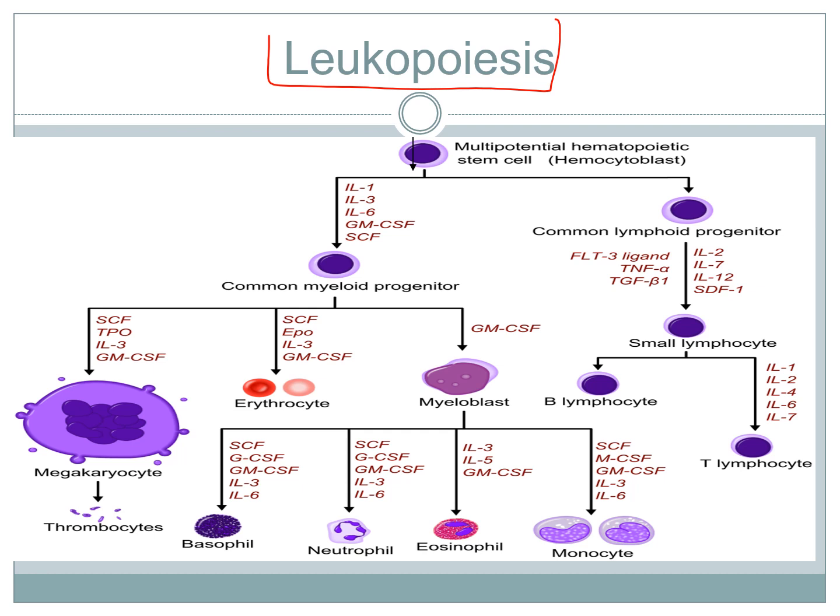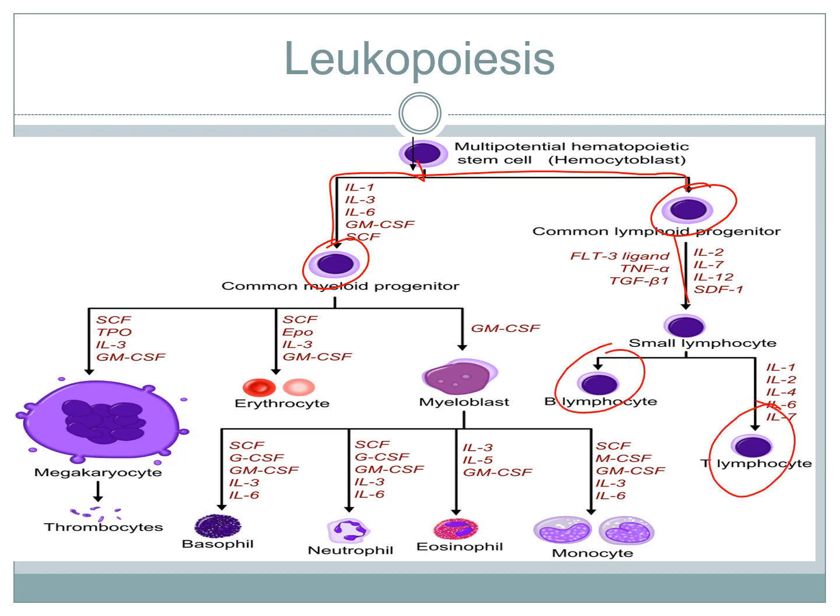Now, it's the same process as we went through with the erythrocytic growth, but I just want to take note of the first division that we have from the hemocytoblast. So a hemocytoblast will initially become either a myeloid cell or a lymphoid cell. Now, your lymphoid cell will just produce your lymphocytes.